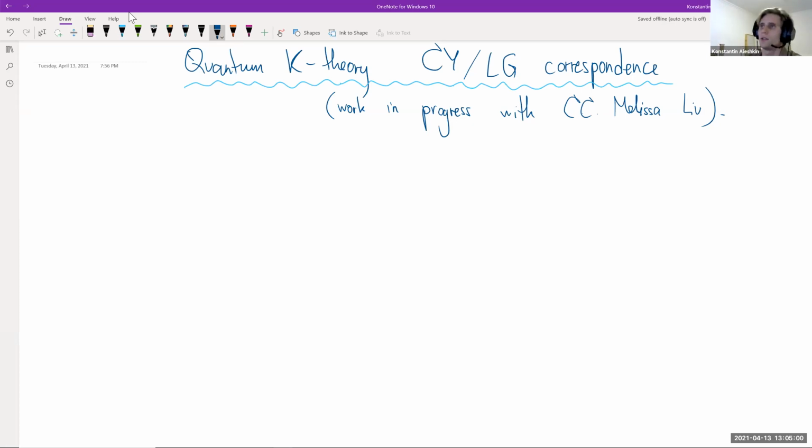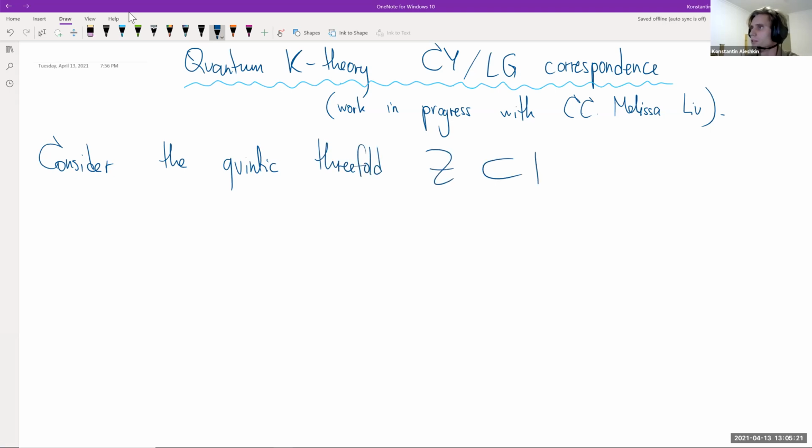Okay, let's start with the quintic threefold, which is something I really like. I can call this Z. It's the zero locus of a fifth order polynomial.